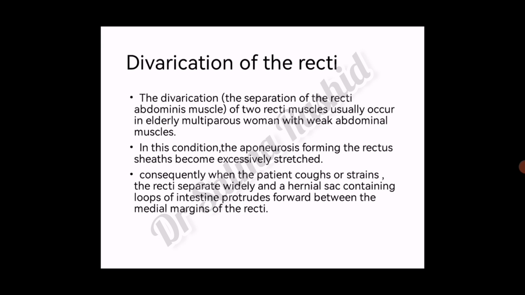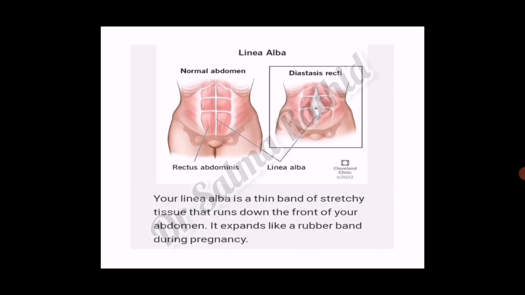Subsequently, when the patient coughs or strains, the recti separate widely and a hernial sac containing loops of intestine protrudes through between the medial margins of the recti, and it is sometimes confused as a true abdominal wall hernia. Now, in the picture you can see normal linea alba and the divarication or diastasis of recti.